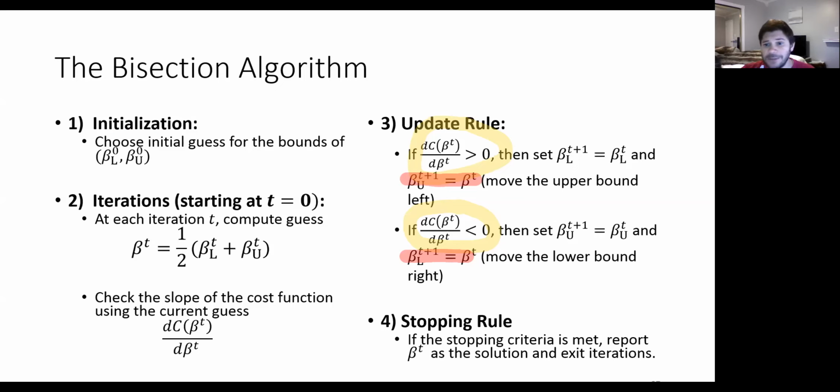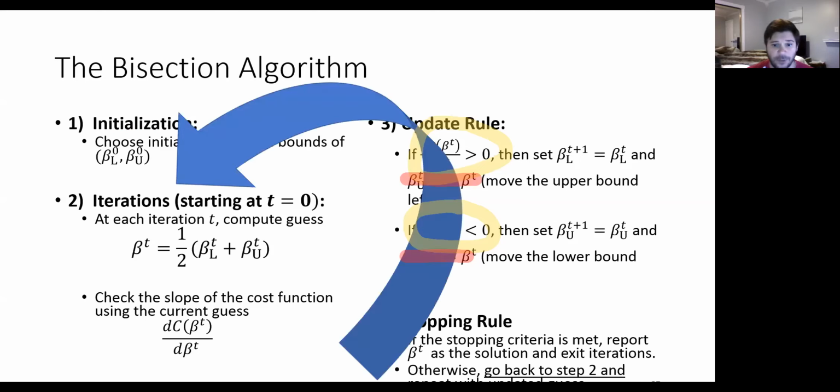Otherwise, if we do not meet it, meaning the cost function or the guess parameter is still changing enough, then we go back to step 2 and keep repeating those iterations with our updated guess. We bisect, check the derivative, update, check the stopping rule, and keep doing that as long as the stopping rule is not satisfied.